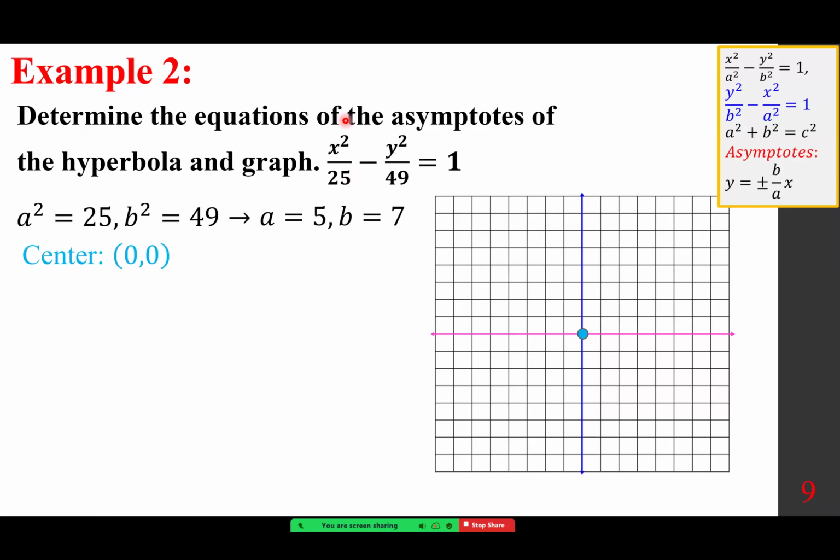Because this has a positive coefficient, here's the transverse axis. We have the vertices at plus minus 5, 0. So 5 to the left, 5 to the right of the center. And the equations of the asymptotes are plus minus b over a, plus minus 7 over 5 x.